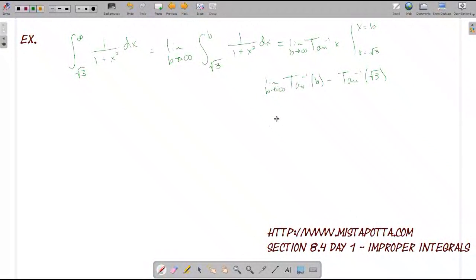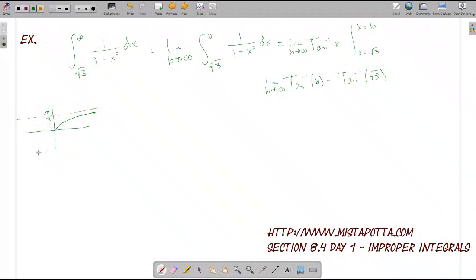And I'm thinking, I know that tangent is an increasing function. Is tan inverse an increasing function? It is. But I know that tan inverse has this type of behavior where it goes up to but never passes pi over 2.